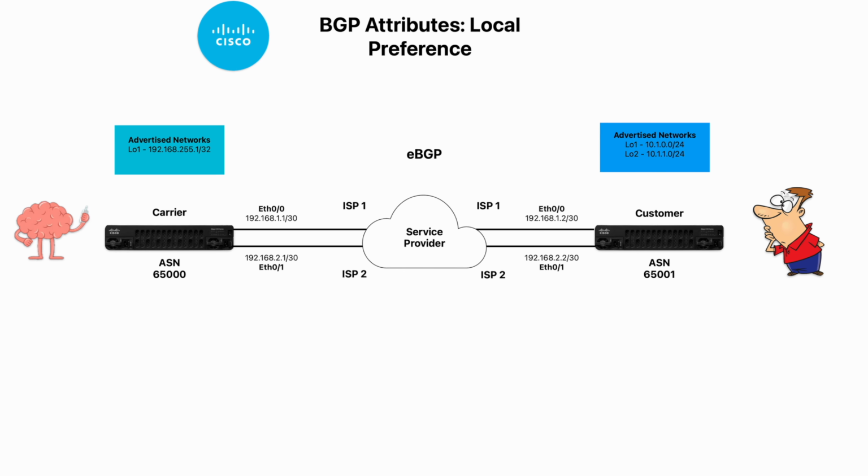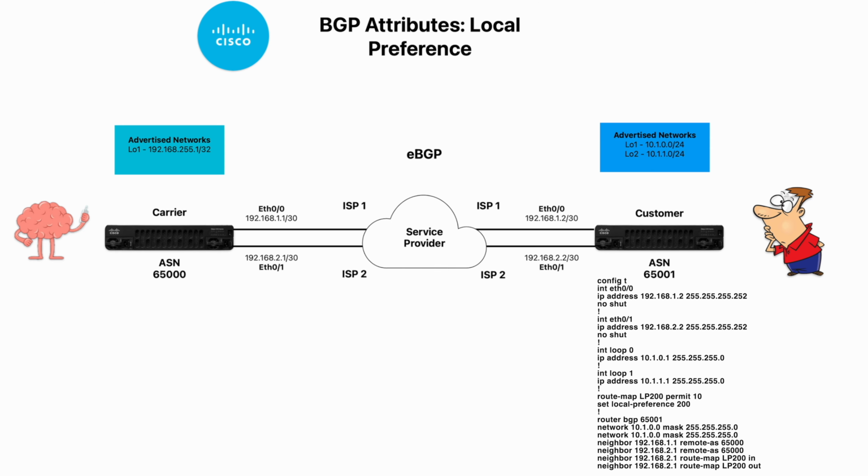So here's the configuration that is first going to be applied to the customer router. We're going to configure the interfaces that will serve as WAN links, and the loopback interfaces, which will serve as the local LAN.